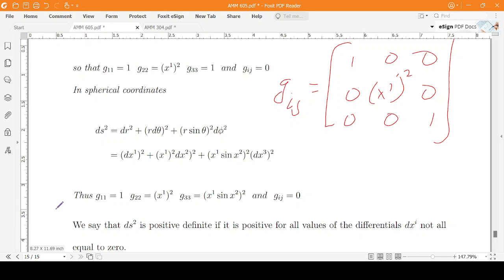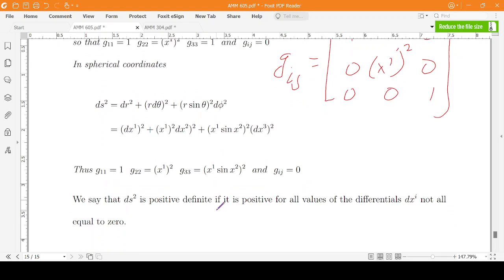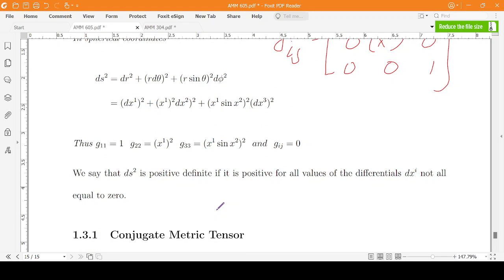So in this case, for the spherical coordinates, g11 is equal to 1. G22 is equal to x1 squared. G33 is x1 squared sine of x2 squared. And gij is 0 whenever i is not equal to j.